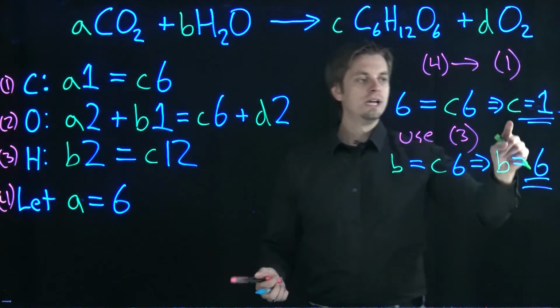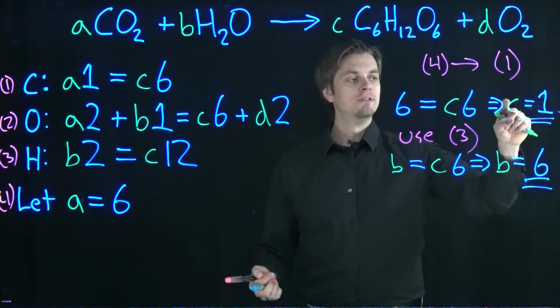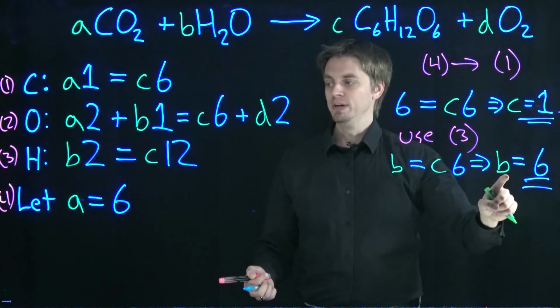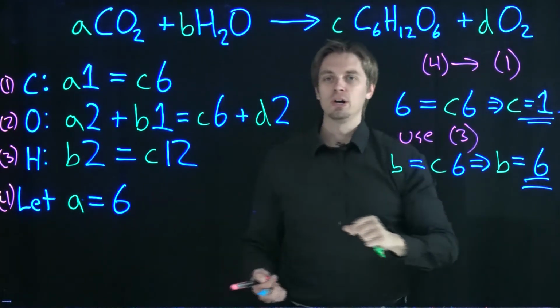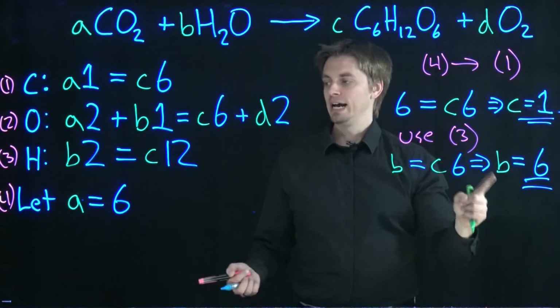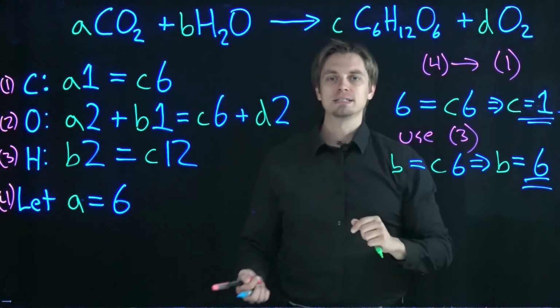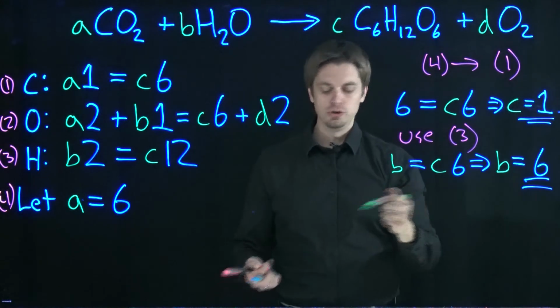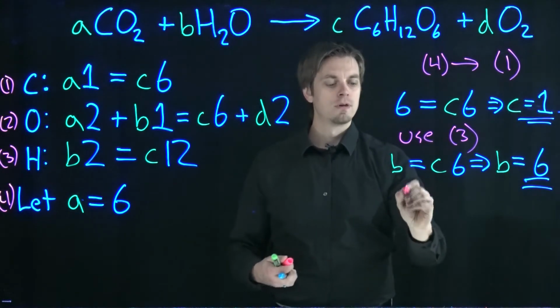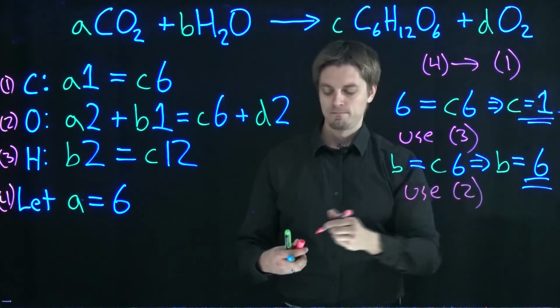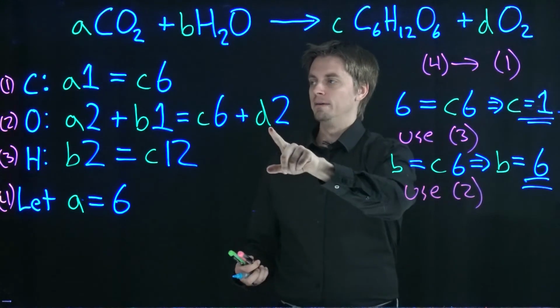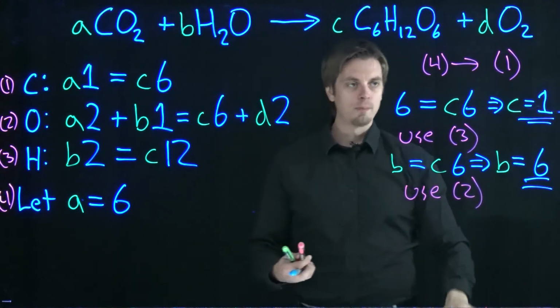So now we have determined the value of C, B, we've set the value of A by assumption, so we only have one remaining variable to solve for, D. So we're going to use our last algebraic equation here, number 2, to solve for D. Now this one's a little bit more complicated here.